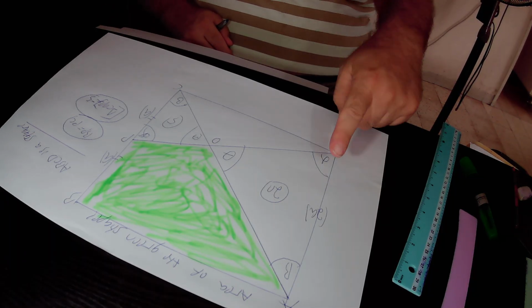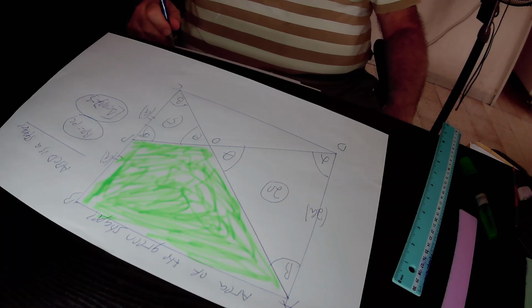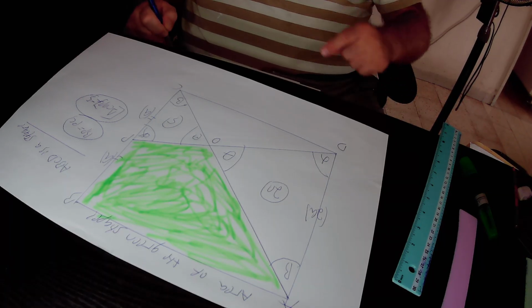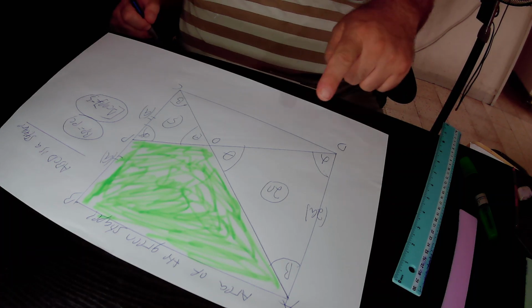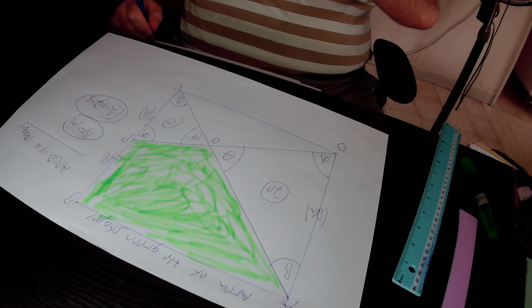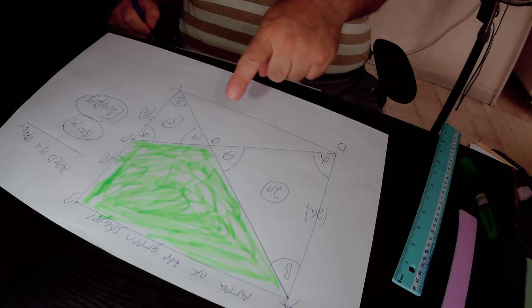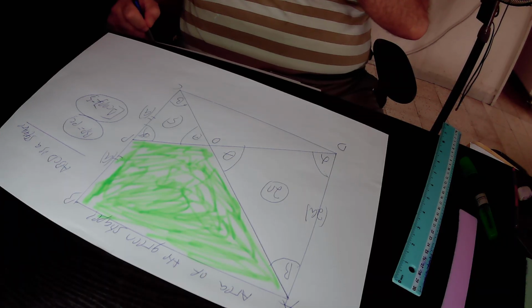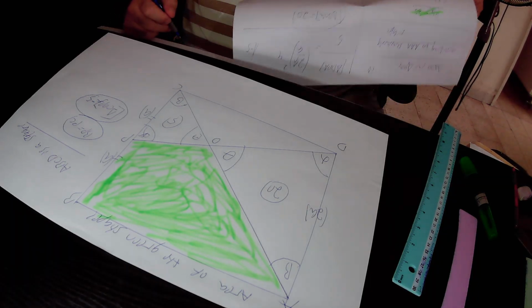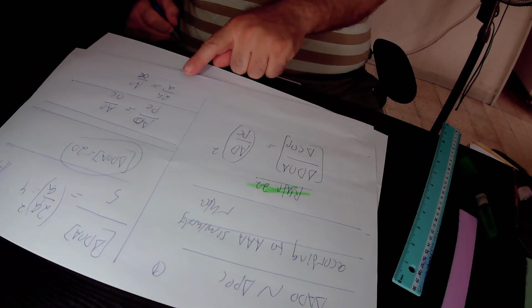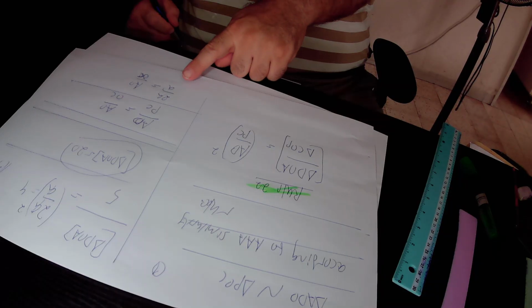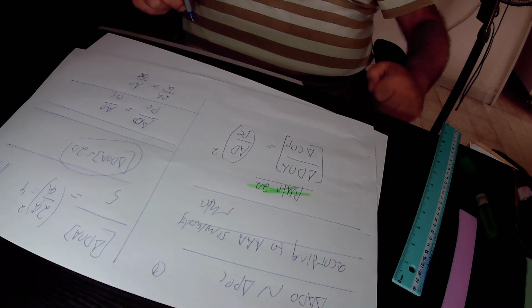AD is 2A over PC, PC is A, and this is equal to AO over OC. So here we have A in the numerator and A in the denominator, so A will get cancelled.